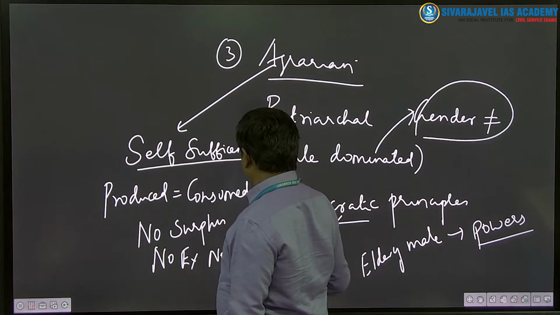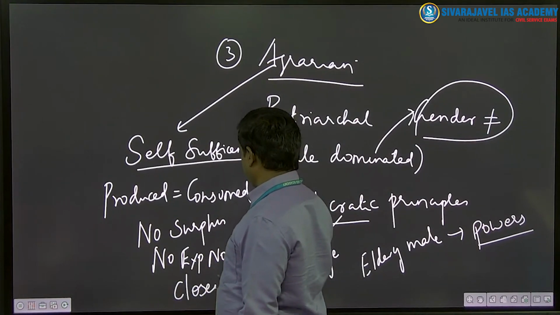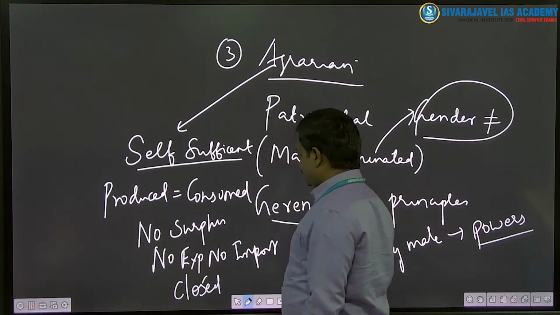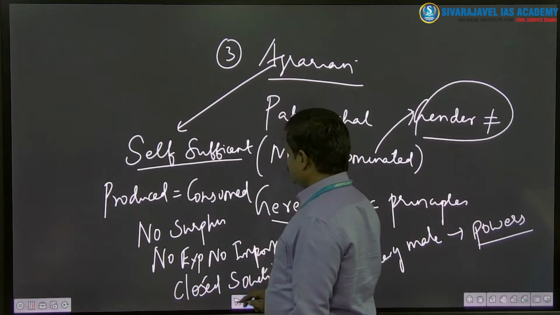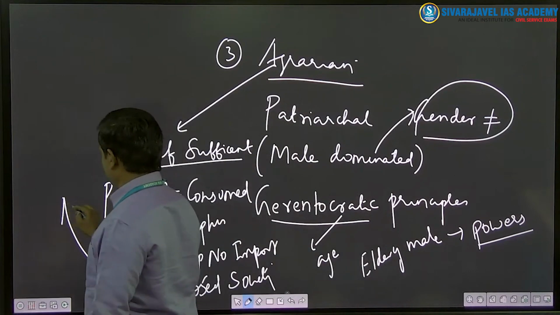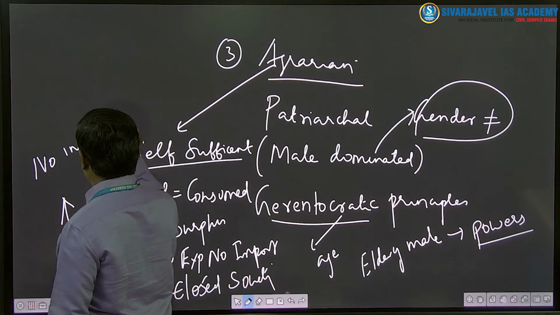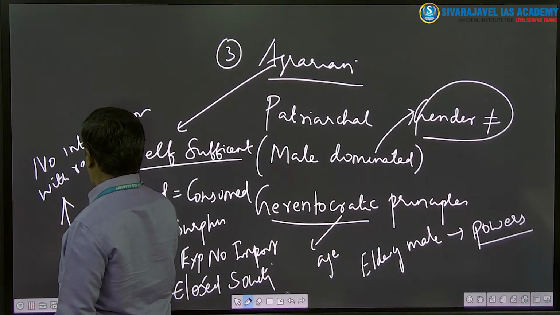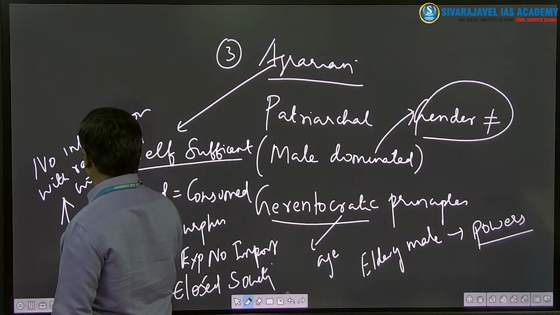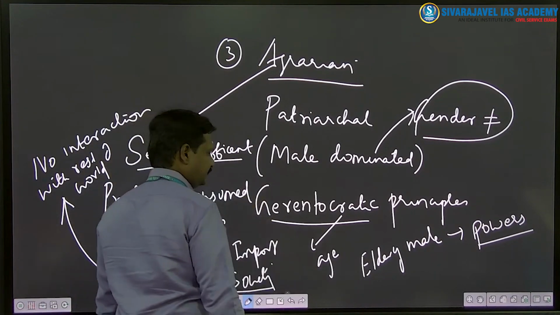When there is no export, no import, it is called a closed society. So a closed society has no interaction with the rest of the world. So this is what is called a closed society.